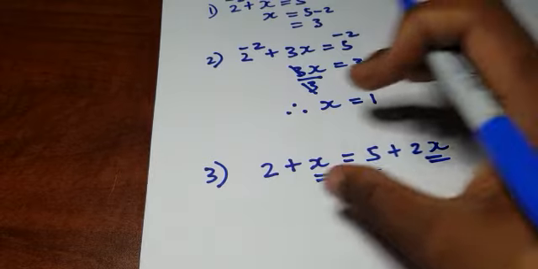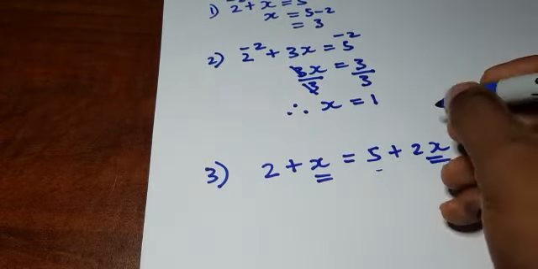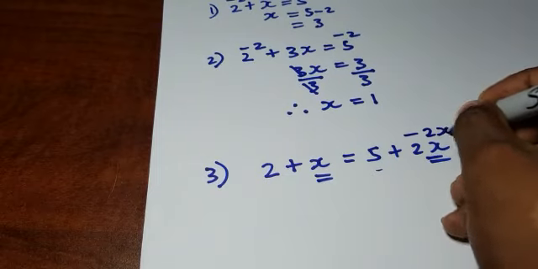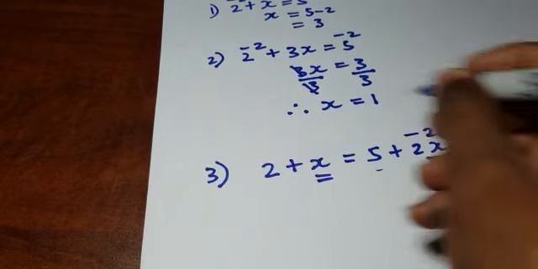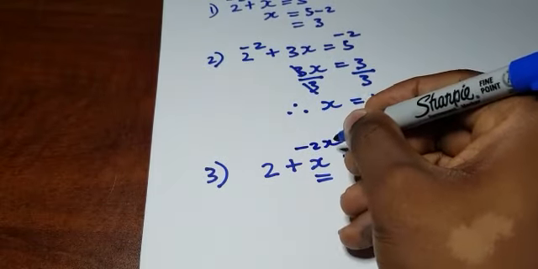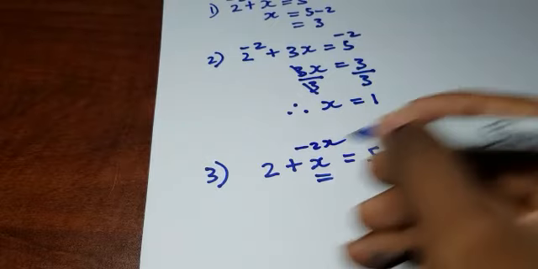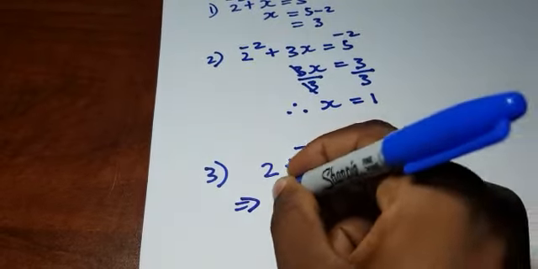So I'm going to try and get the x's on the left side of the equation. So by removing 2x from this side and then balancing the equation by also applying the same minus 2x on this side, we have, so let's write that out.